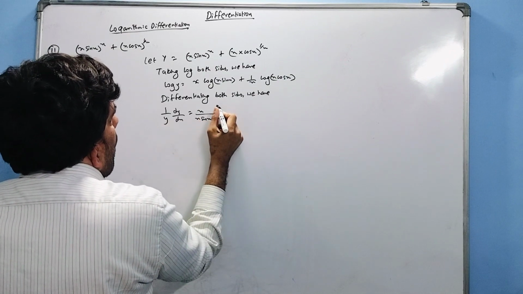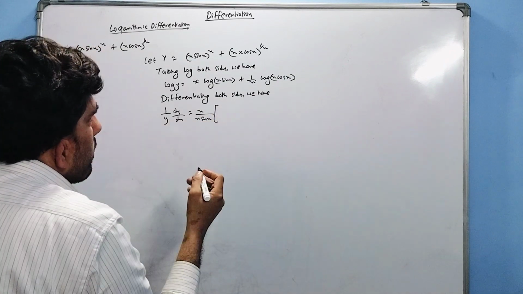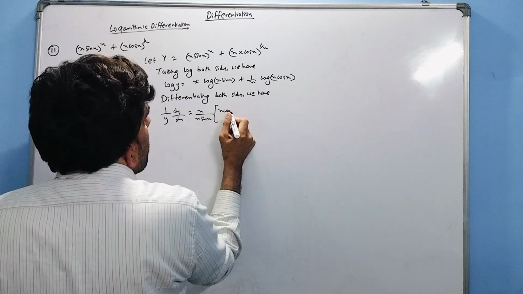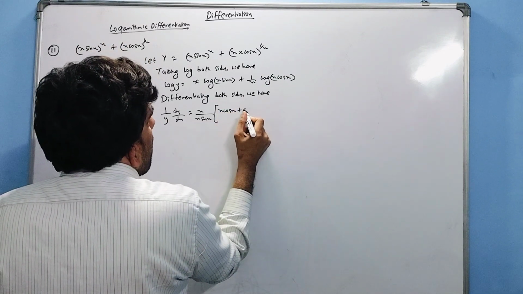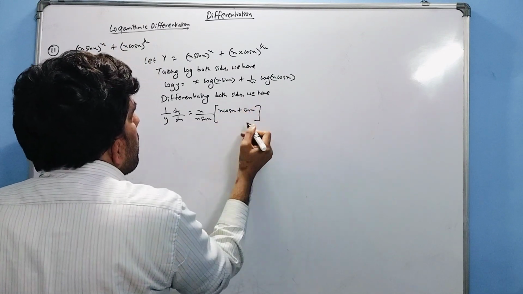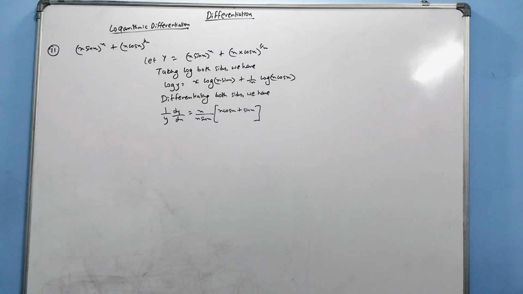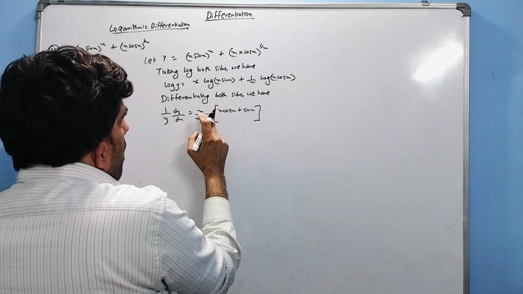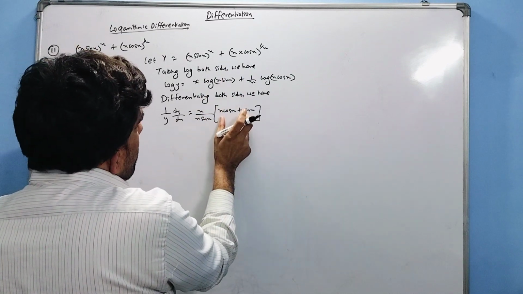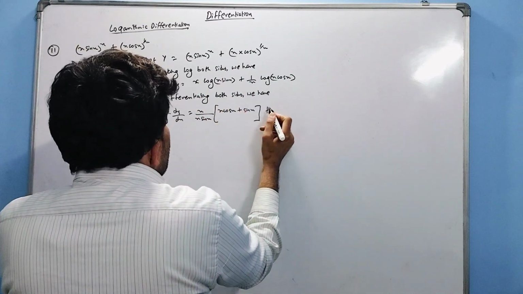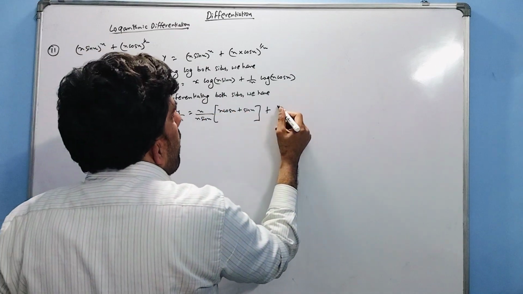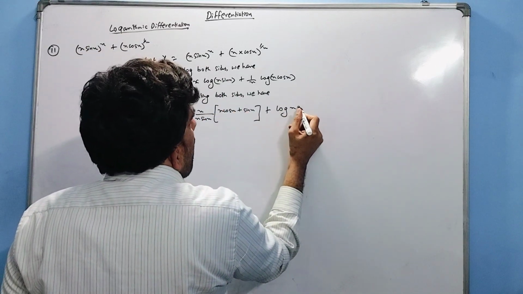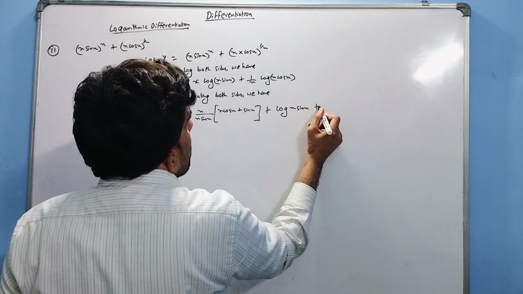Now differentiating this, x into cos x plus sin x. Okay, so I have this. Now we have x into differentiation of this, 1 upon x sin x into differentiation of this, cos x plus, now differentiation of x will be 1, so we'll have log of x sin x plus, now we have this.